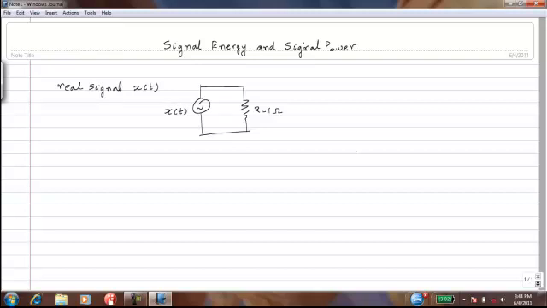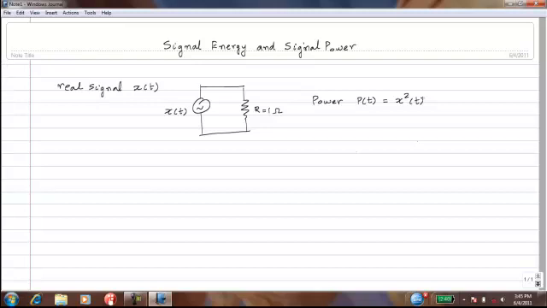The power that's dissipated in the resistor at any time is going to be the square of the voltage divided by the resistance, right? And the resistance is 1 ohm, so the instantaneous power is x squared of t.